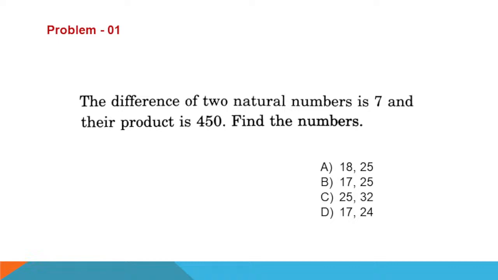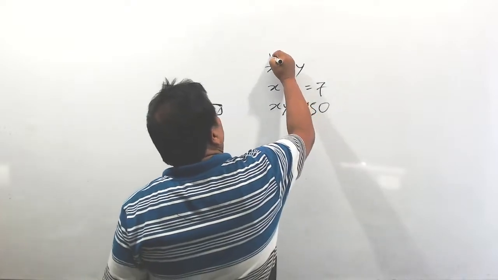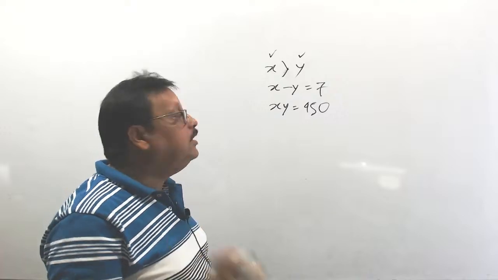Say x is greater than y. Difference is 7, that means x minus y is equal to 7. Right? And the product is 450, that is x into y is equal to 450. Is not it?